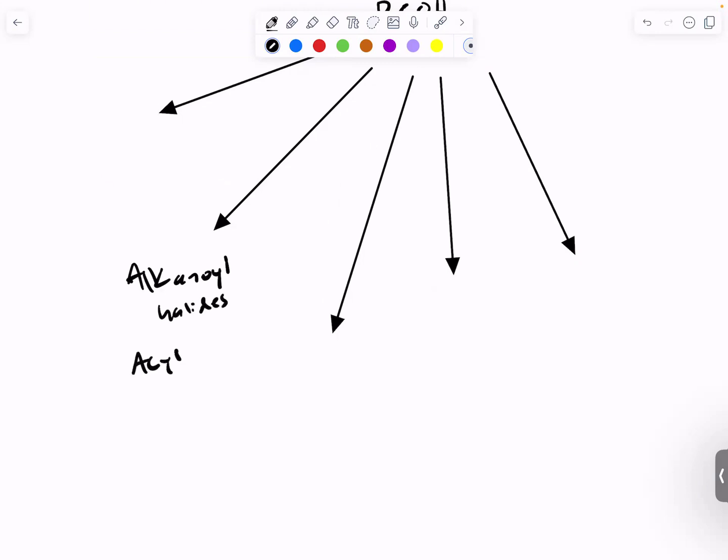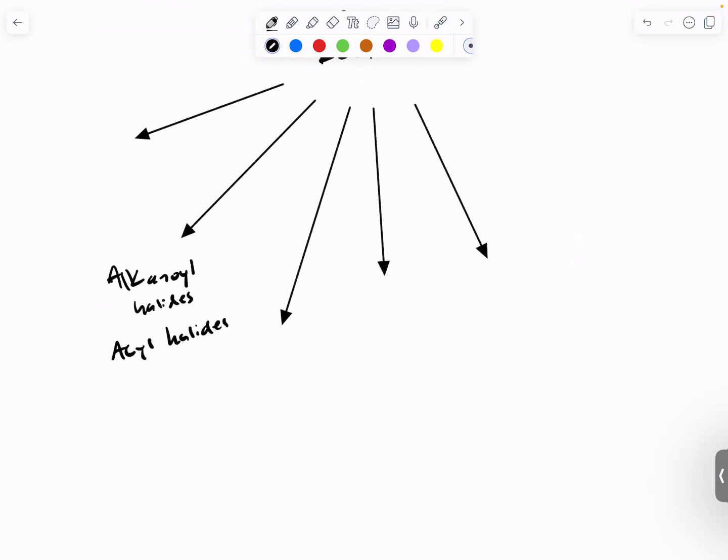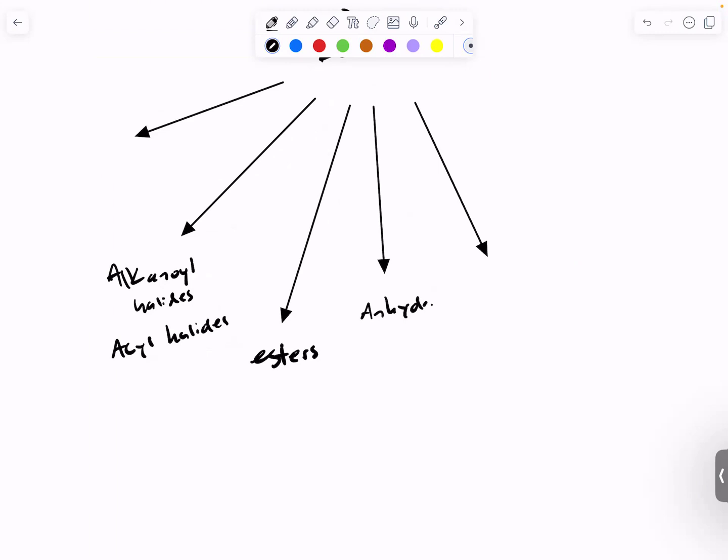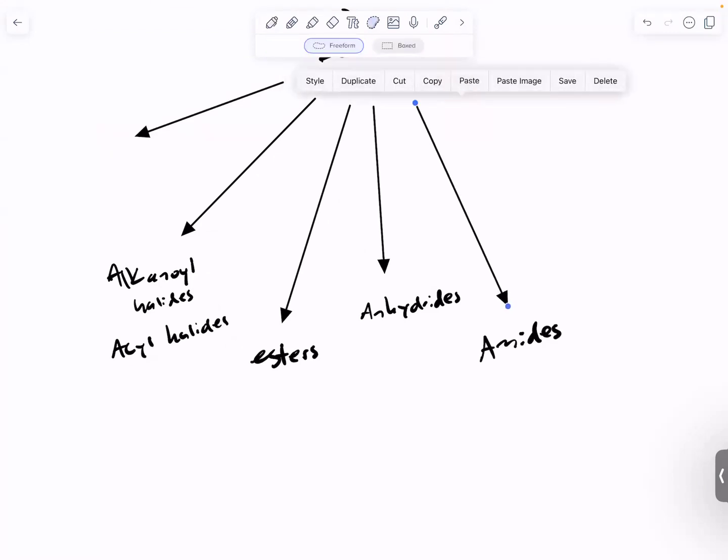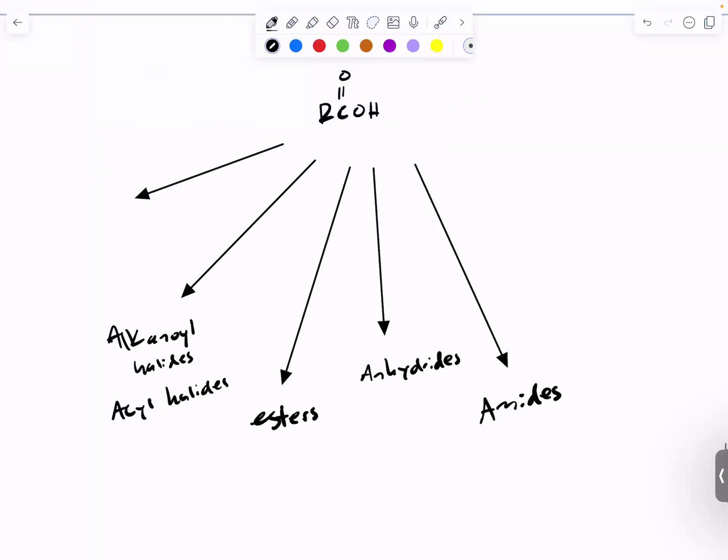Another term for that is simply acyl halide. I honestly prefer acyl halide, but you'll hear alkanoyl halide sometimes. You can make esters. You can make anhydrides. You can make amides. So these are probably all functional groups that at this point you've heard of, but really we haven't had a lot of experience with these functional groups.